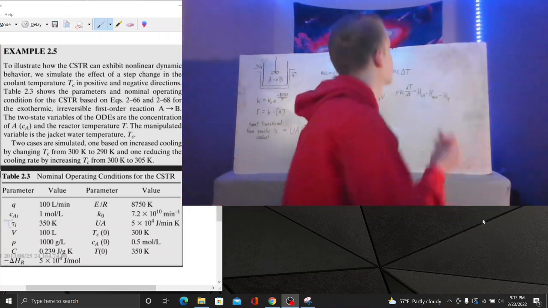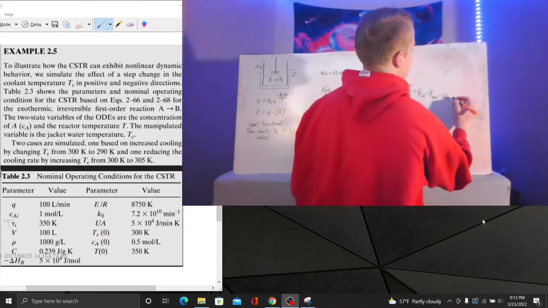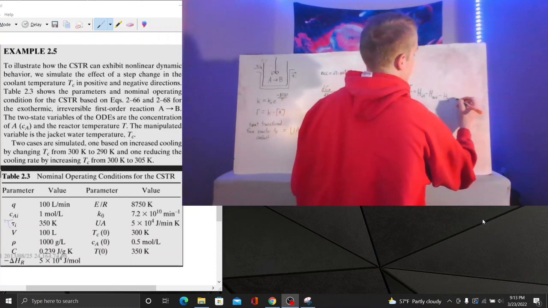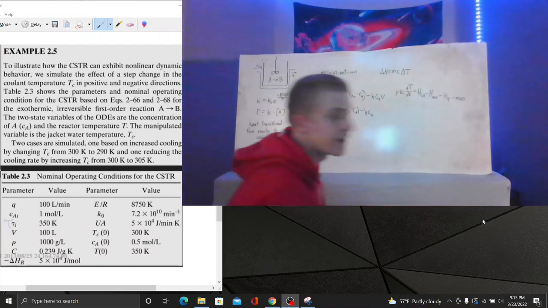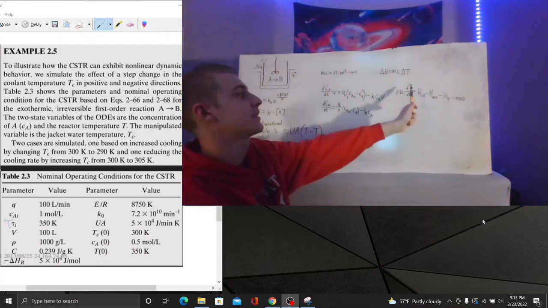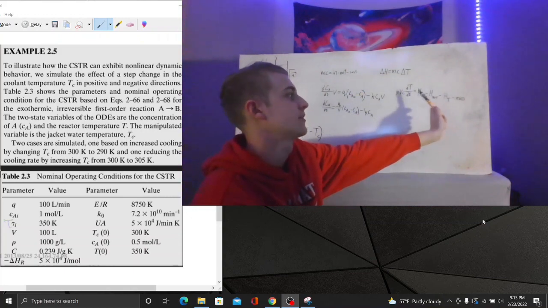I forgot to mention, in this equation we are going to have some heat release because of the exothermic reaction as well. And then now we can start substituting in for these individual H's.